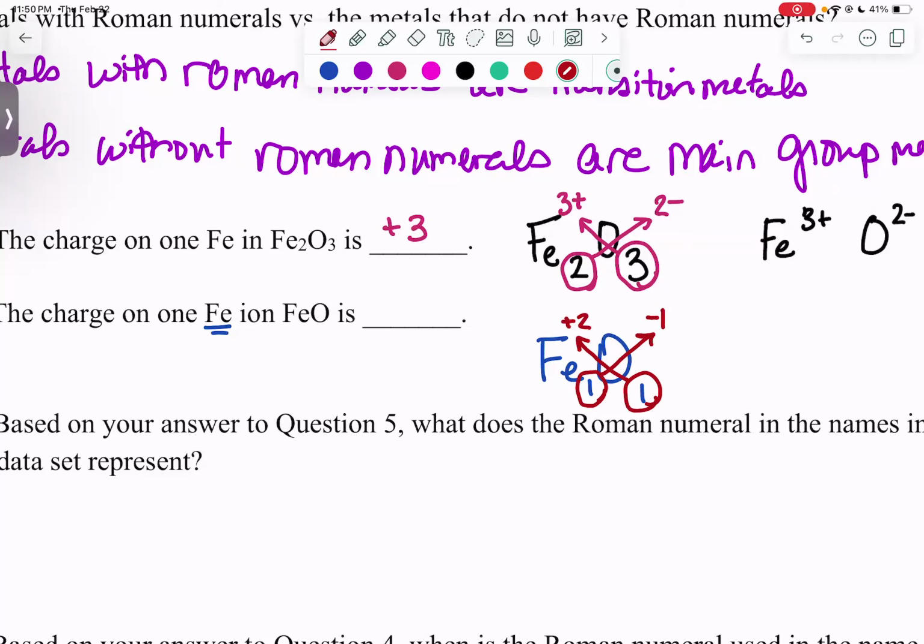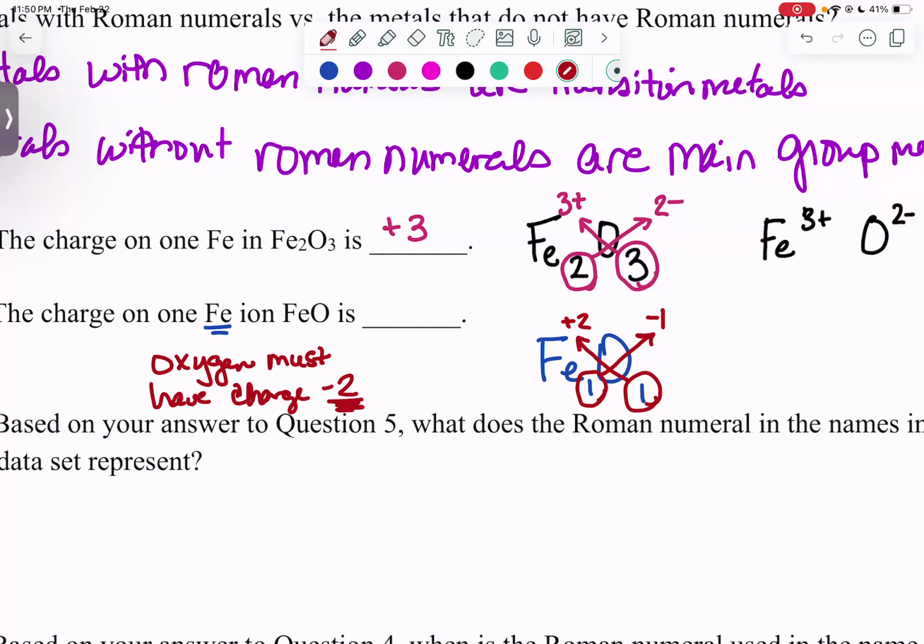And I look at that and I go, no way. Oxygen is a main group nonmetal. It must have a charge of -2. Must, always. It's main group.